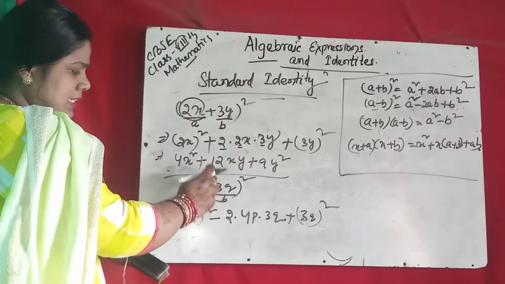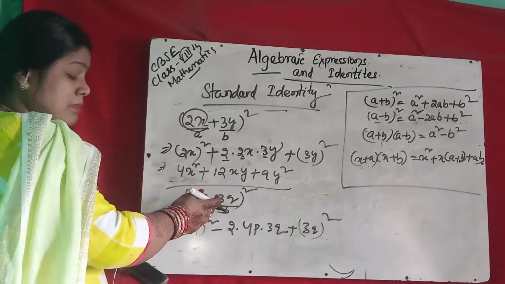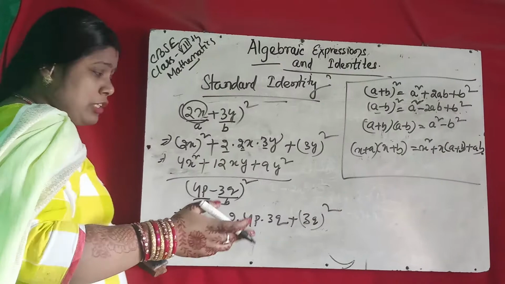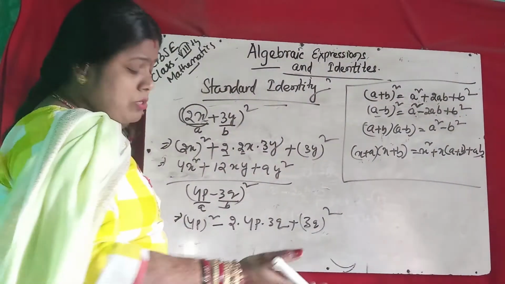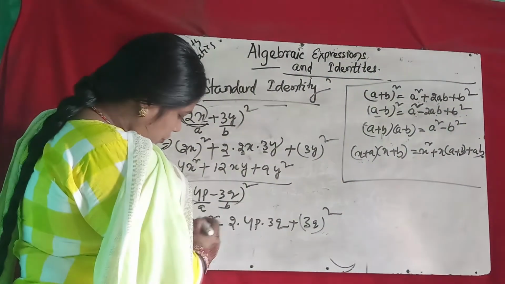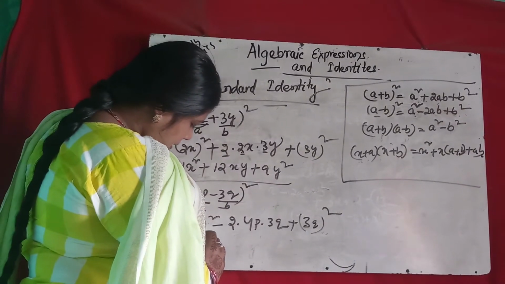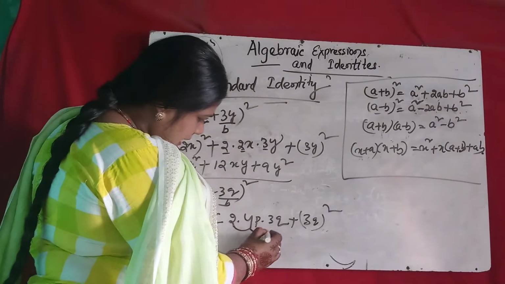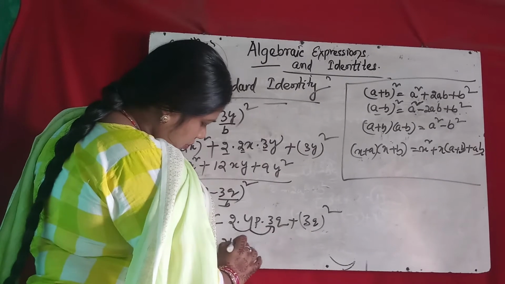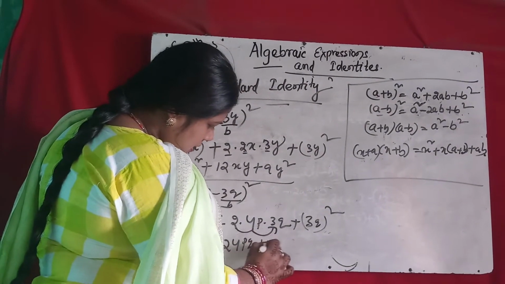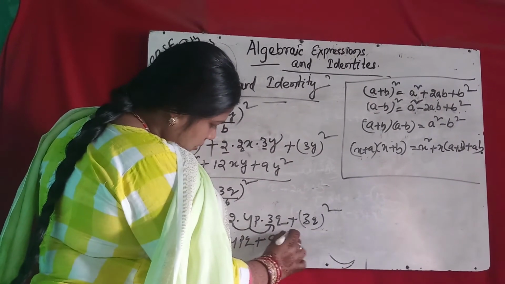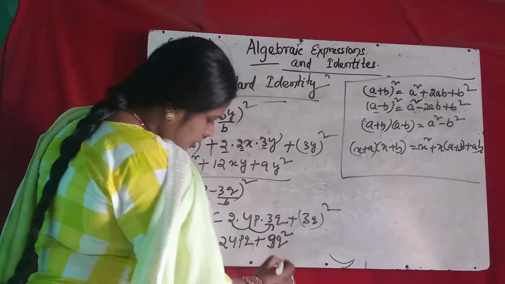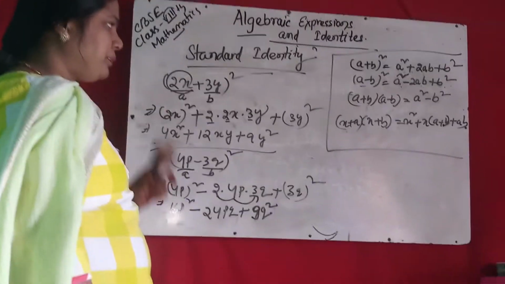Okay, b is 3q; you will not say that it is minus 3q, because when you square minus 3q you get plus. So 4p square means 16p square, minus 2 4s are 8, 8 times 3 is 24, pq, plus 9q square. Yeah, that is the answer.